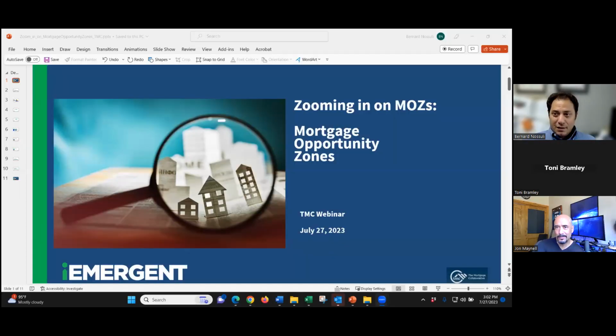So I am going to share my screen. We are going to do a hybrid approach where I have a slide deck, but I also have our interactive dynamic mapping platform at the ready. So the idea is, what are mortgage opportunity zones?